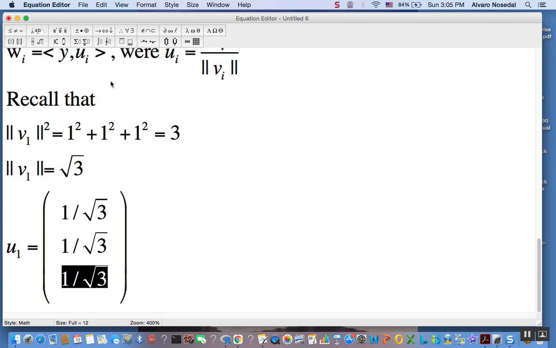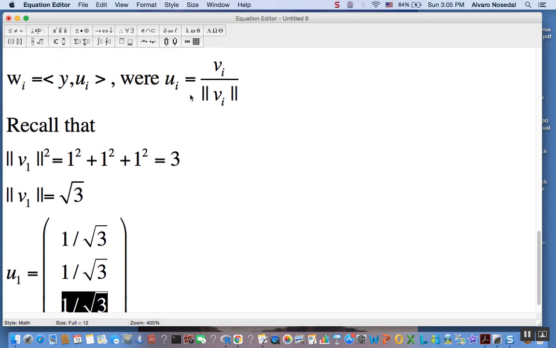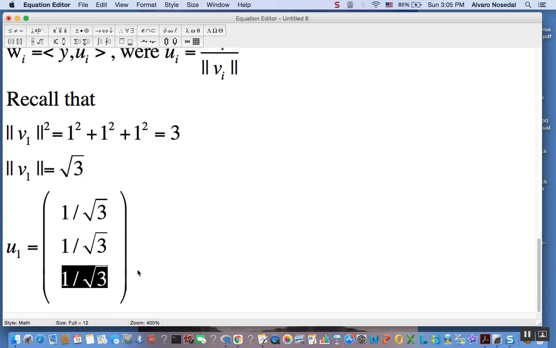So that's what we meant by this, that ui, like in this case, u1 is going to be v divided by the norm of v1. Okay, u1 equals v1 divided by its norm. Make sense?